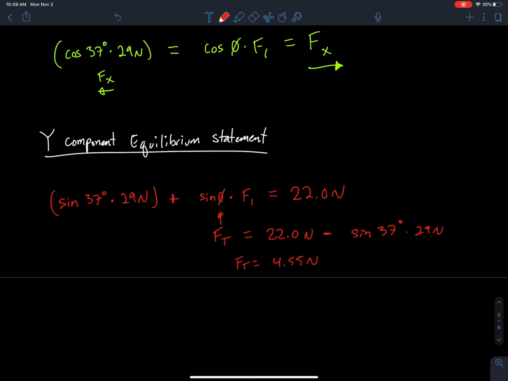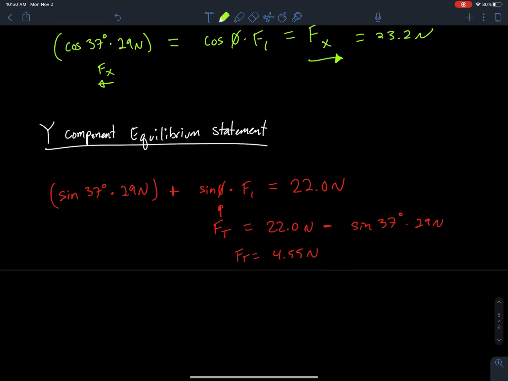Cosine of 37 times 29 is going to be 23.2 newtons.